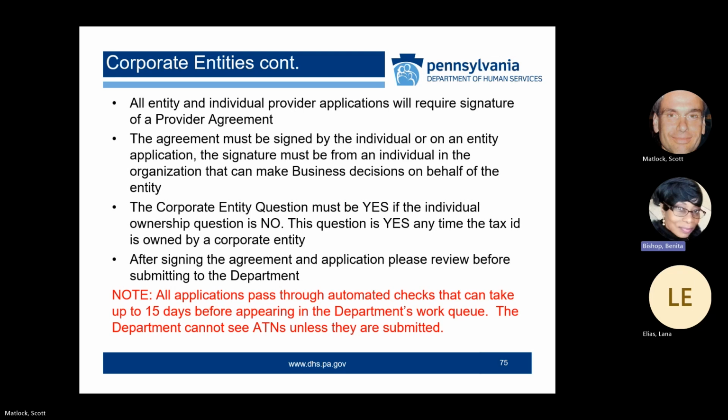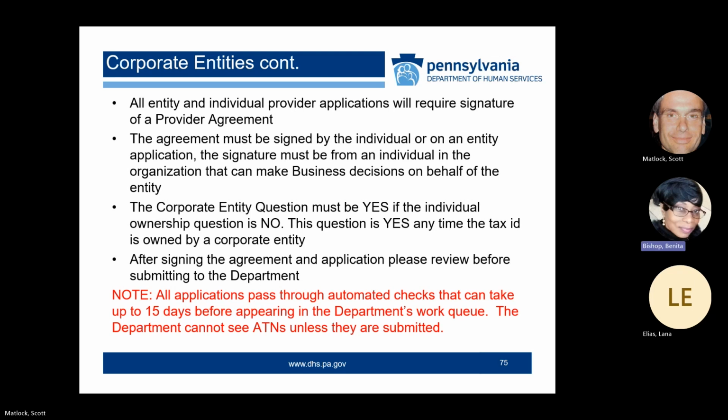For a group or an entity, anyone can sign the application that is allowed to make business decisions on behalf of that entity. The corporate entity question must be yes if the individual ownership question is no. This question is yes anytime the tax ID is owned by a corporate entity.